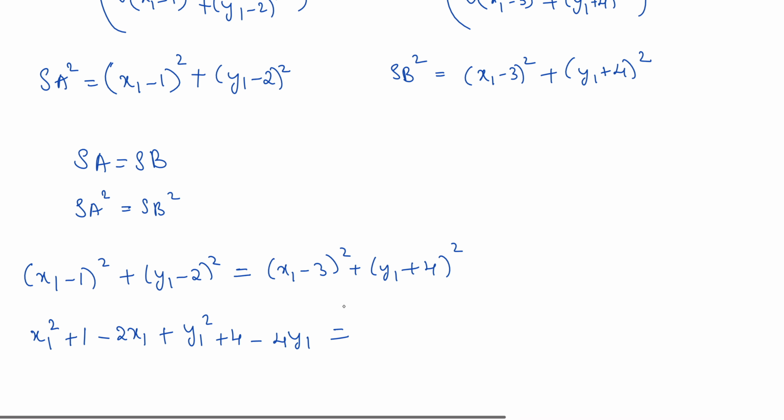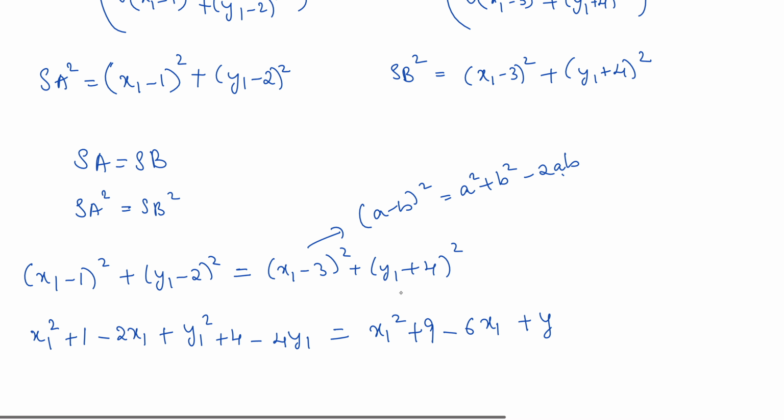This is equal to, similarly, let's expand (a minus b) whole square here as well: x1 square plus 9 minus 2 times x1 times 3, so it's 6x1.